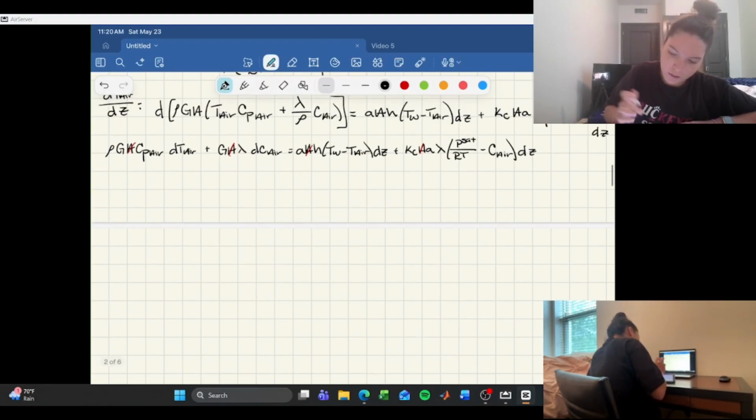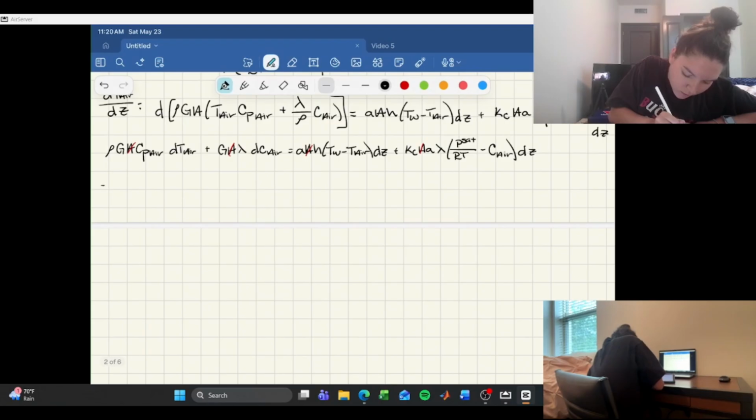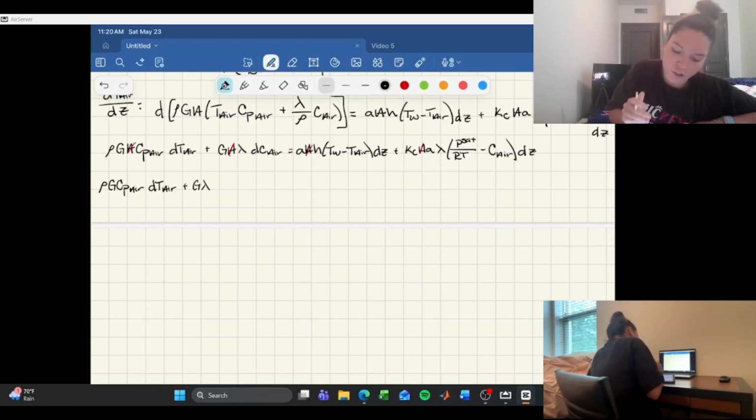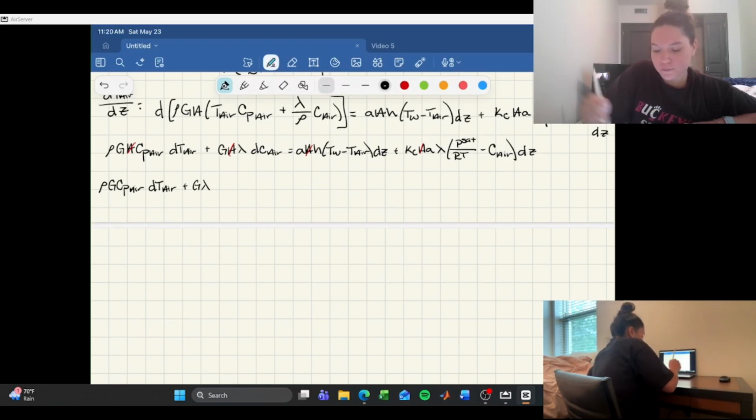So this is going to be the density times the volumetric flow rate times the heat capacity of air times the change in temperature of the air plus volumetric flow rate of air times the enthalpy of vaporization times, actually I'm going to just put the dz on the other side.